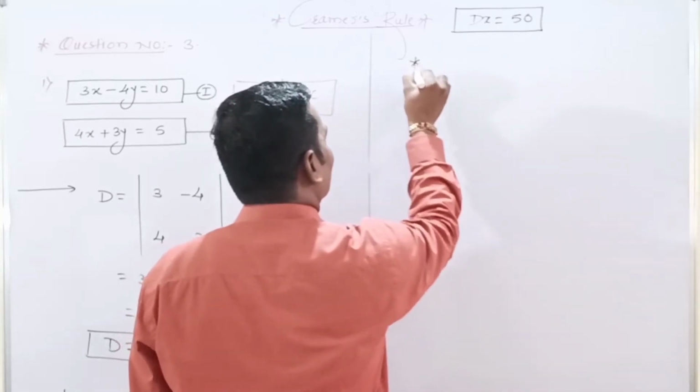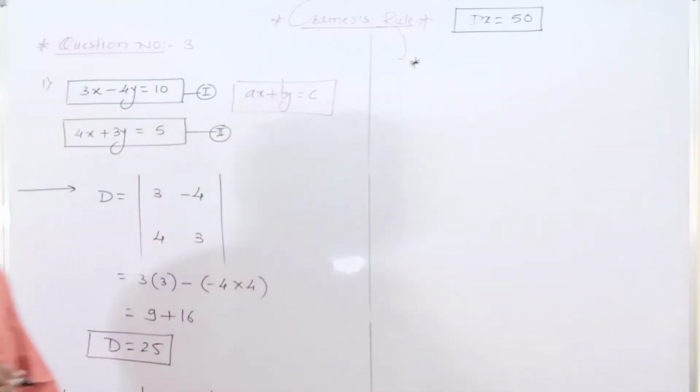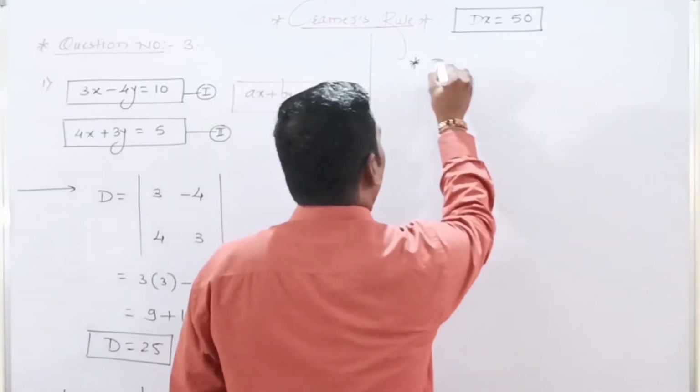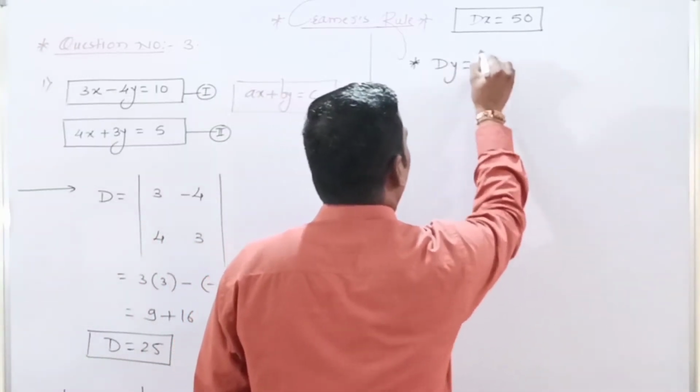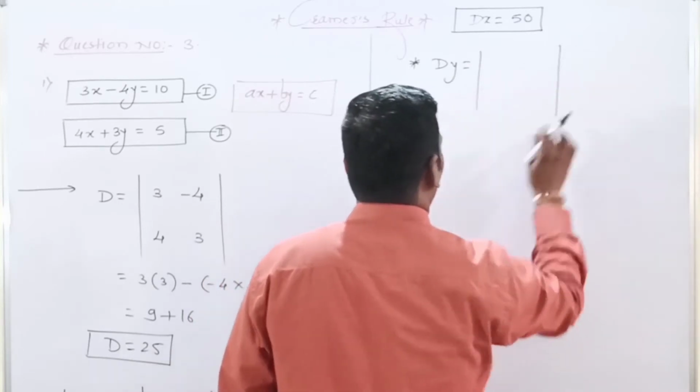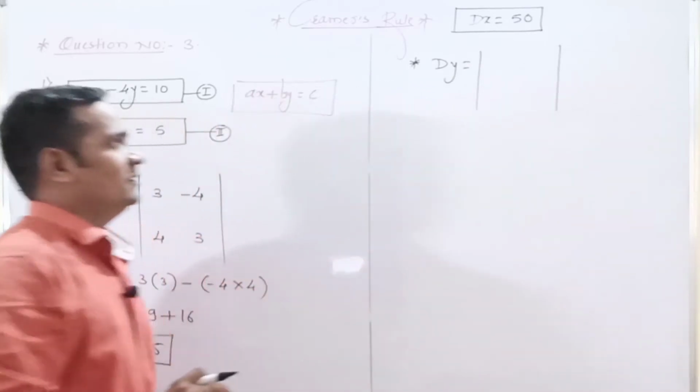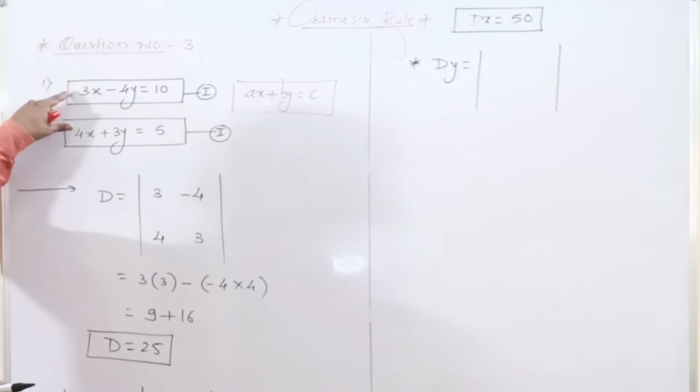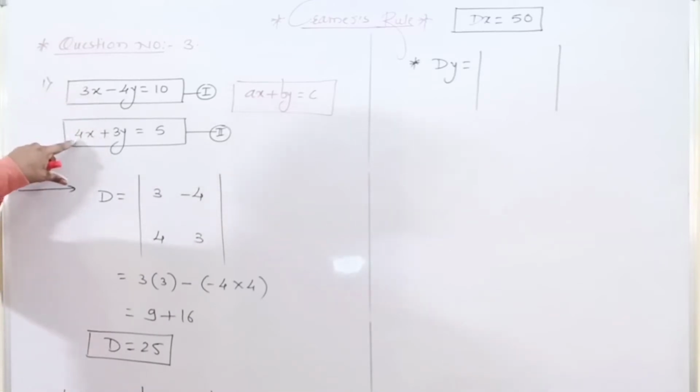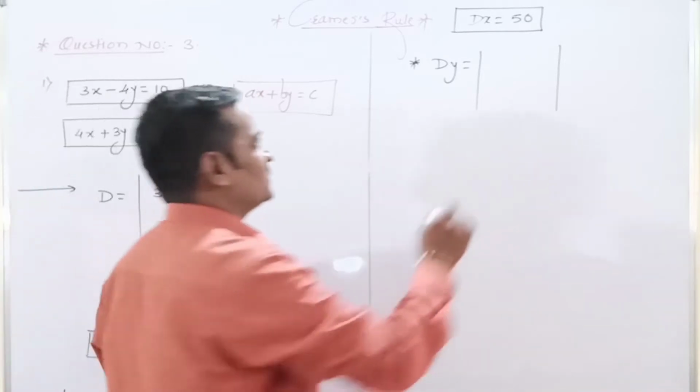Now the value of dy. So dy is equal to, again we have to take the determinant here. Which is the first term, this 3x, and in this equation 4x. So take the coefficients of the first term of both equations.